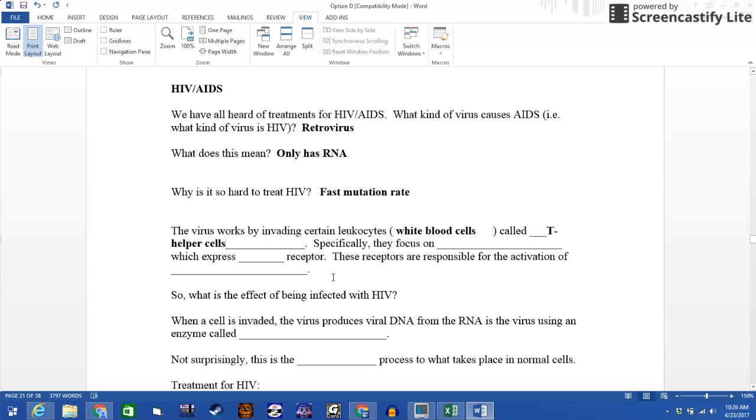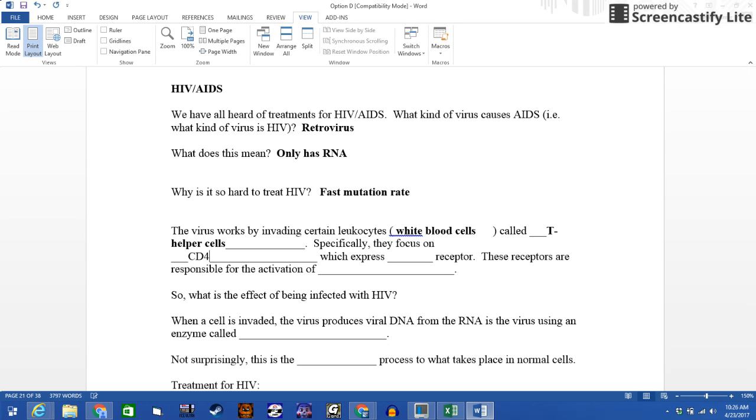Specifically, they focus on what's called CD4 positive T helper cells. Those are T helper cells that express the CD4 receptor. CD stands for cluster of differentiation, but the CD4 receptor T helper cells are the ones that are impacted by HIV.